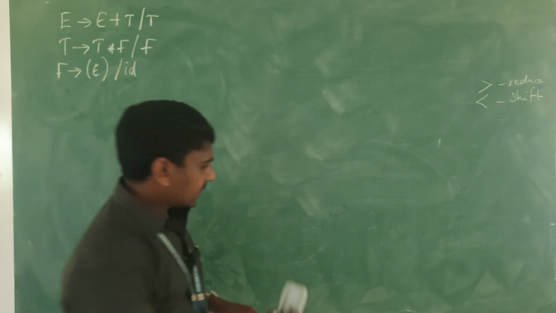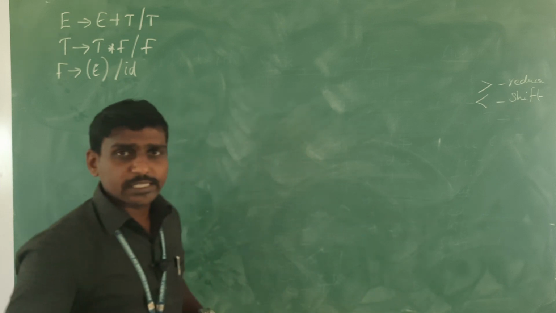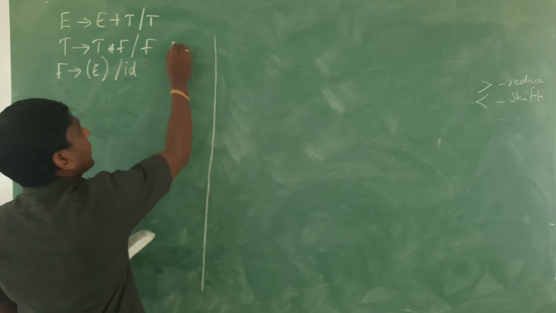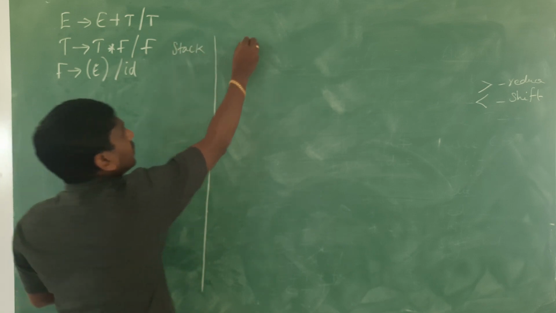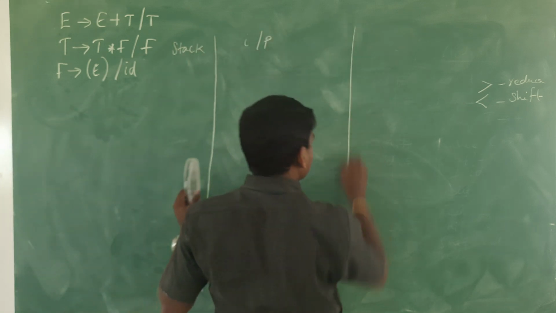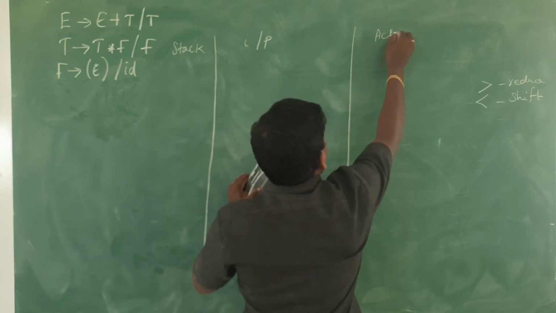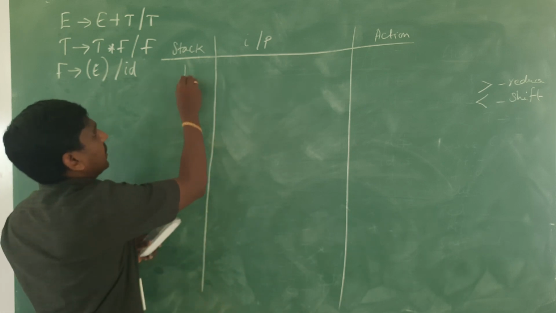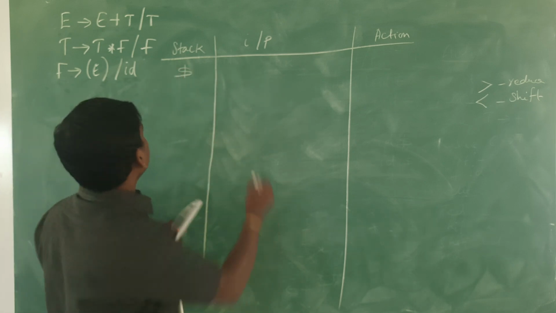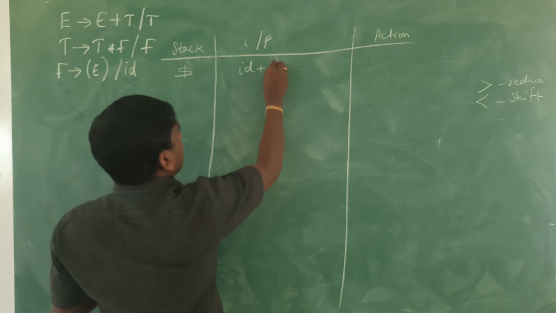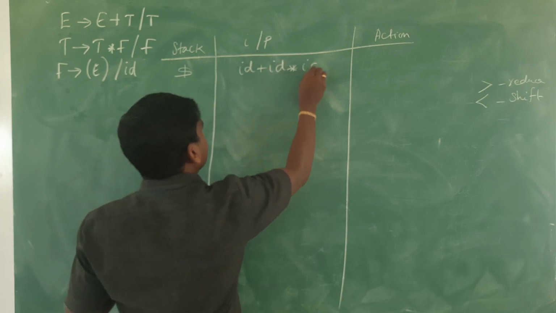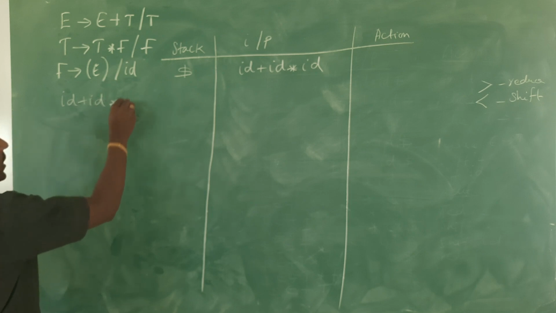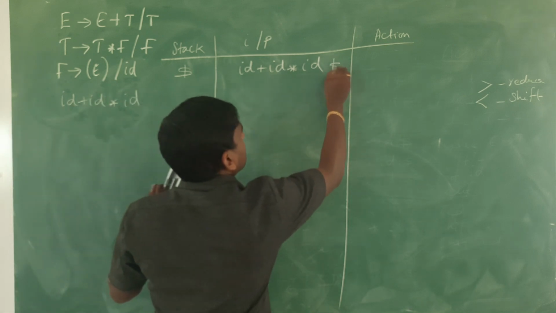The operator precedence stack implementation is the same as the shift reduce parser. The first column is the stack, the second is the input, and the third is the action. In the stack, first it is a dollar, and the input is already given: id plus id star id, and the last is dollar.